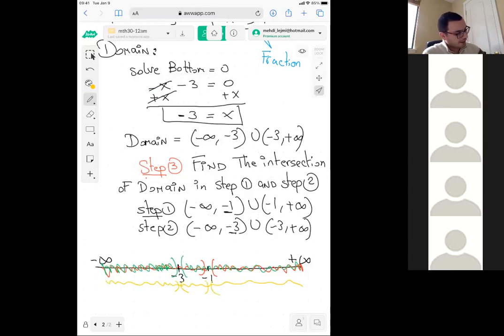So the final answer, the domain of f composed with g, is negative infinity to negative 3 excluded, right?